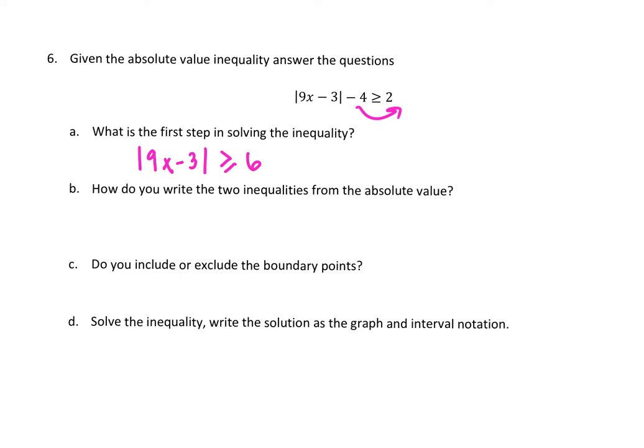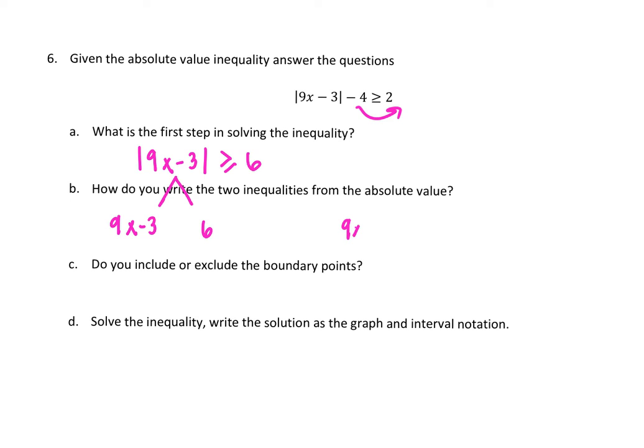Now, after you do that, we can go to step B. How do you write the two inequalities from the absolute value? So if you remember, we want to break that up into, we can say 9x minus 3. If that were an equal sign, it would equal 6.